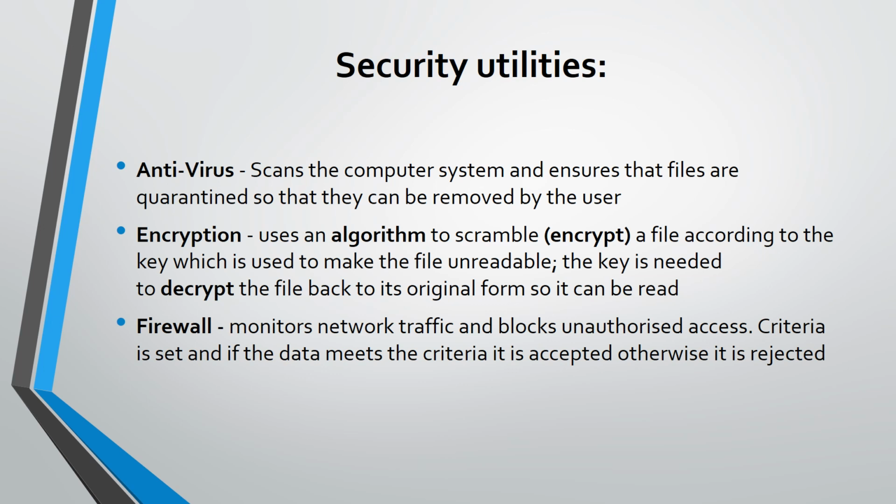Scramble means encrypt a file according to the key, which is used to make the file unreadable. The key is needed to decrypt the file back to its original form so it can be read. Firewall monitors network traffic and blocks unauthorized access. Criteria is set, and if the data meets the criteria, it is accepted, otherwise, it is rejected.